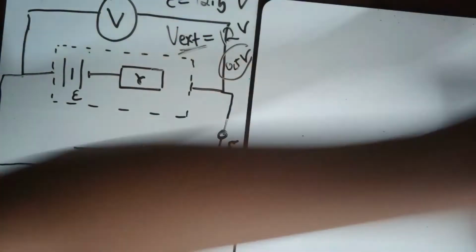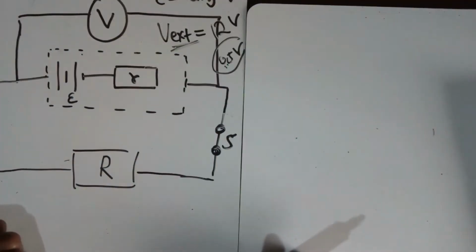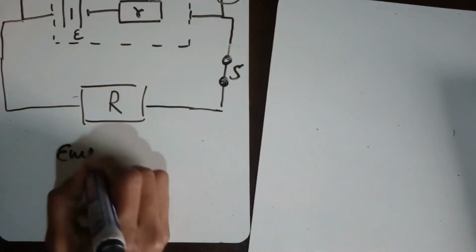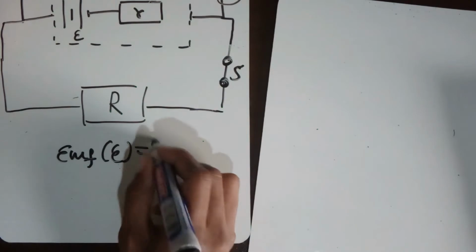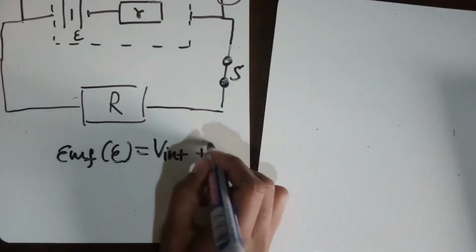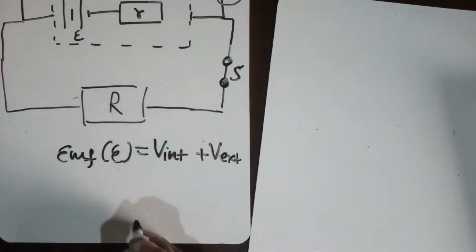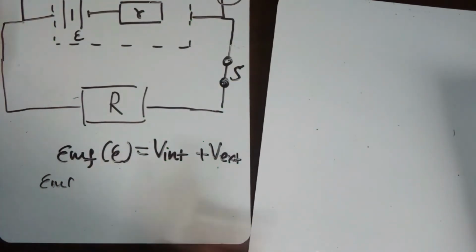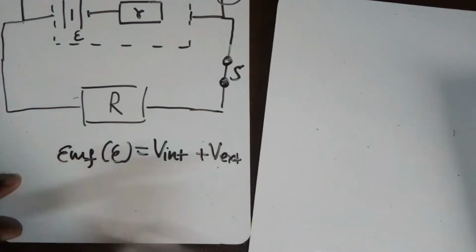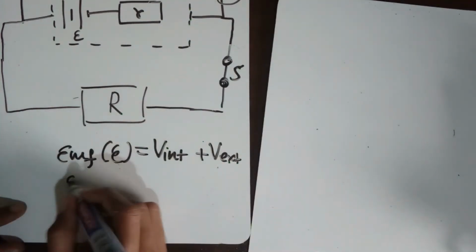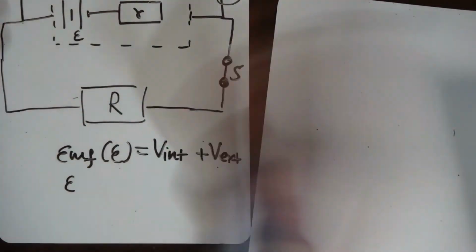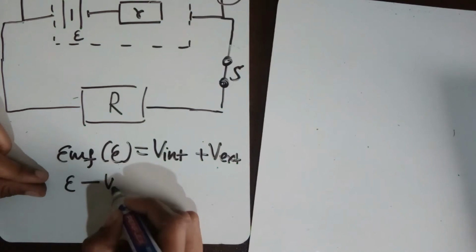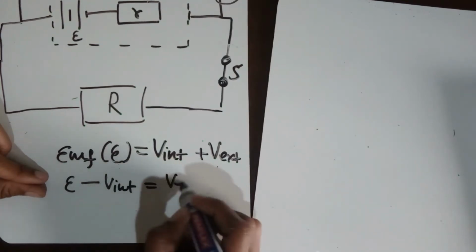Now to find out where this 0.5 went, we can define an equation and say the EMF is equal to V internal plus V external. The symbol for EMF is the Greek letter epsilon, which looks like a funny looking E. So epsilon minus V internal is equal to V external.